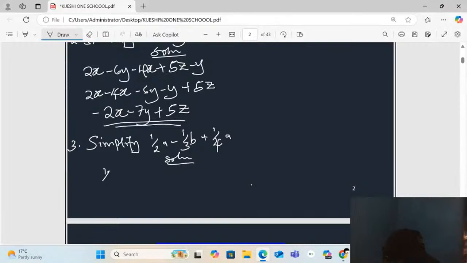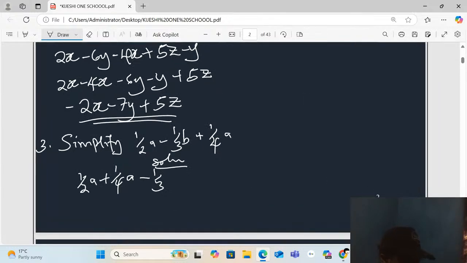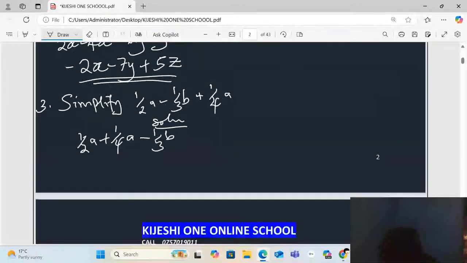That is half a plus a quarter a, then minus a third b. So we shall have 3/4 a minus a third b.